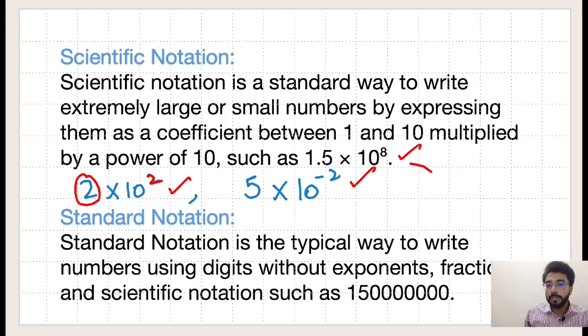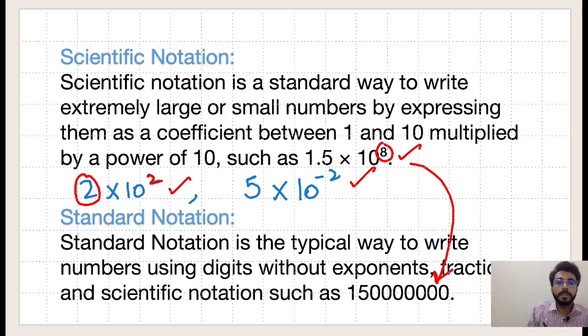First of all, we have to look at the power of 10, whether it is a positive or negative exponent. If it's a positive exponent, then we move the decimal point toward the right side 8 digits.